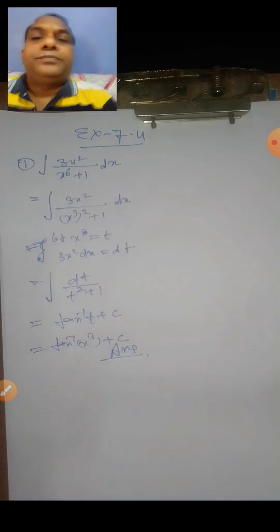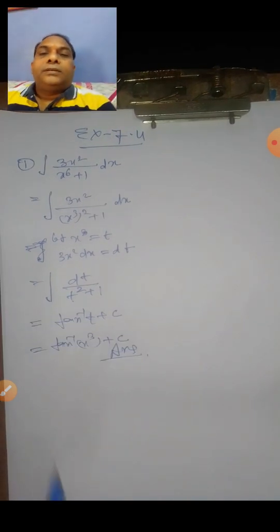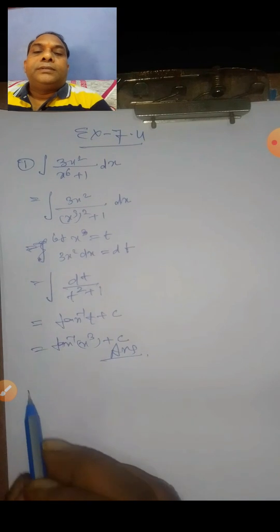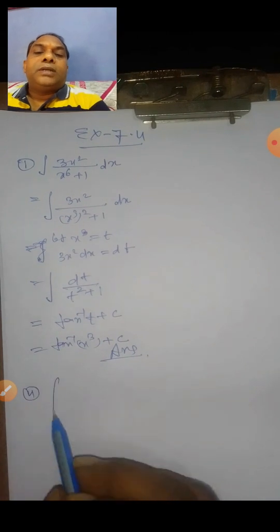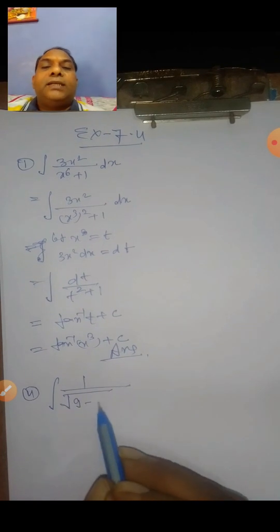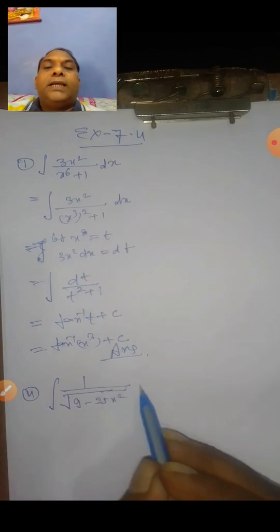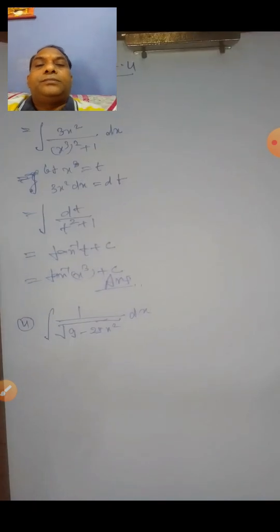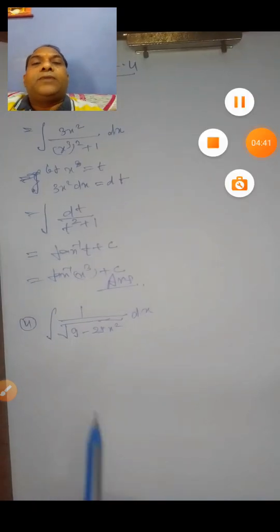Now next question, question number 4. Integration 1 upon root 9 minus 25x square.